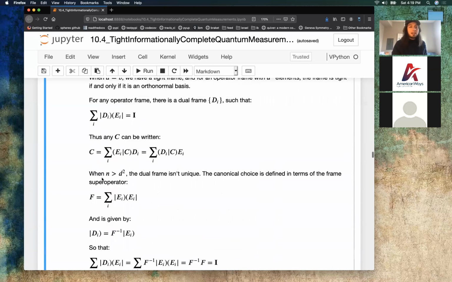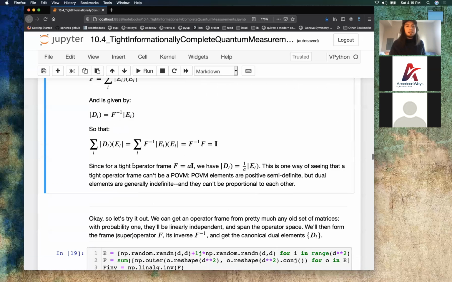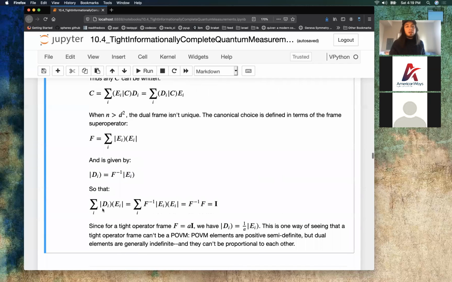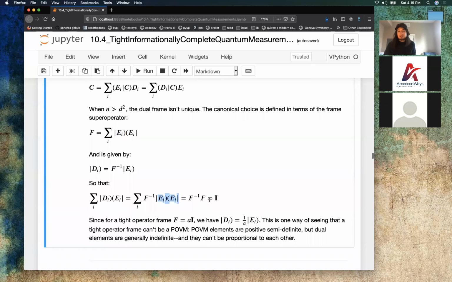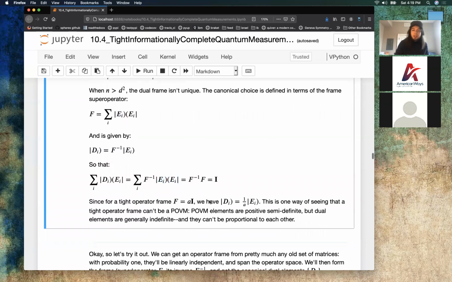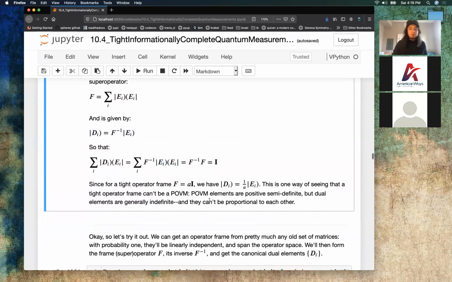And then you can see that this business here is in fact automatically satisfied, because each D_i is just F inverse on E_i. So we can rewrite it like this, but this is just the frame super operator. And so we get F inverse times F, which is the identity. So just as for a normal vector frame, for a tight operator frame, this F is going to be proportional to the identity. And so the duals are proportional to the elements.